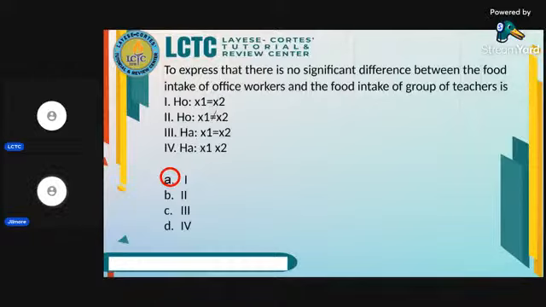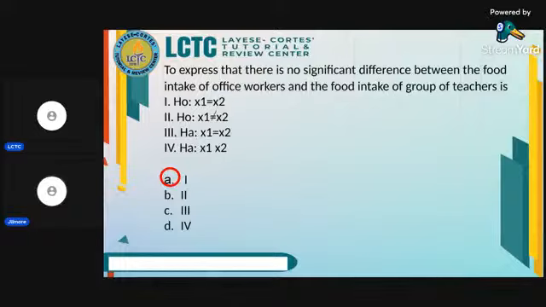Therefore, accept the null hypothesis. The null hypothesis is stated in negative form: there is no significant difference. If the calculated t-value is less than the tabular t-value, insignificant, not significant, accept the null hypothesis.